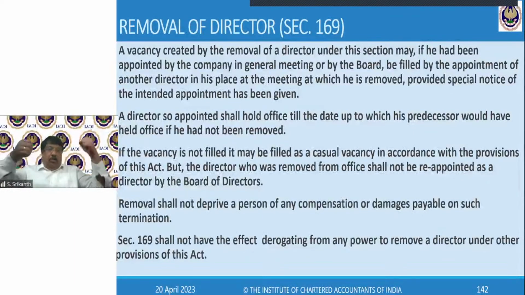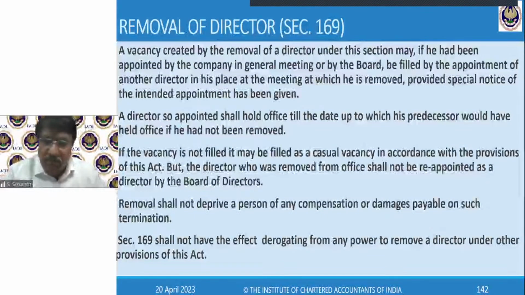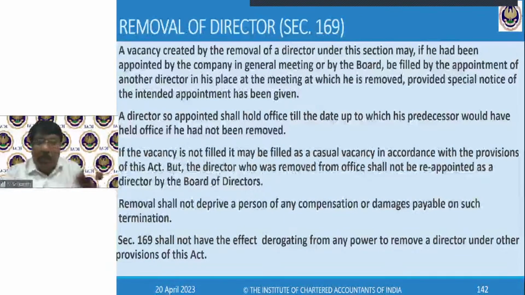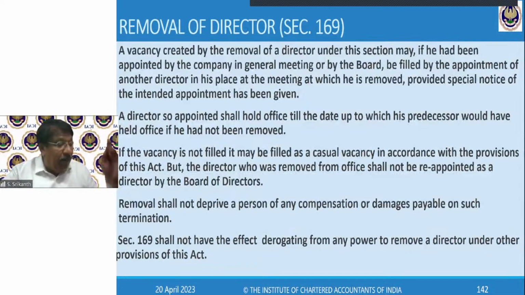MD is more powerful. Managing director, more powerful. Definition is there. See, on remuneration, there is a ceiling for MD, manager and whole-time directors, but not for CEO. One more thing, CEO may not be a director. Chief Executive Officer may not be a director, but MD is a director.